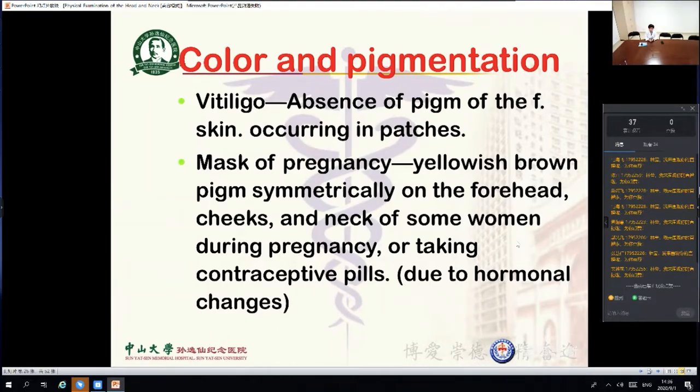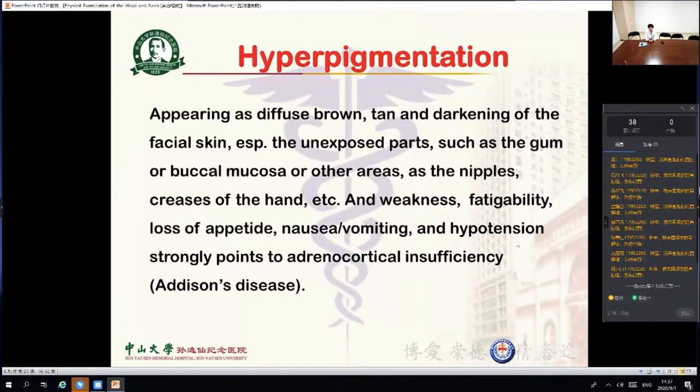And also sometimes you see some spots on some pregnancy women, the mask of the pregnancy, which means yellowish brown pigmentation symmetrically on the forehead, cheeks, and neck of some women during pregnancy or taking contraceptive pills due to hormonal changes. So these are the color and the pigmentation change from the faces.